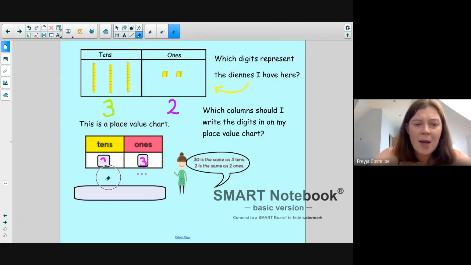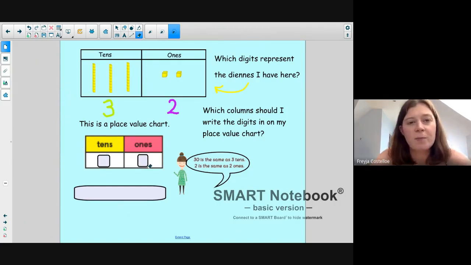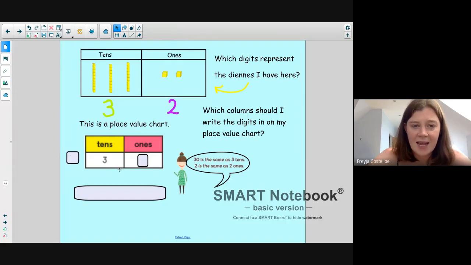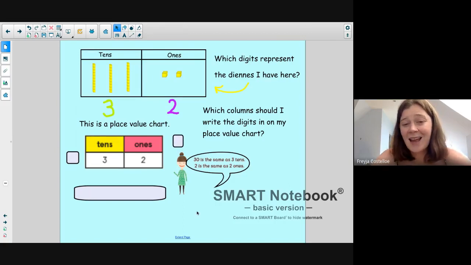So where am I going? Which box am I going to put my digits into? We are going to put a number 3 in tens and a number 2 in the ones. And our friend here is telling us exactly that, isn't she?